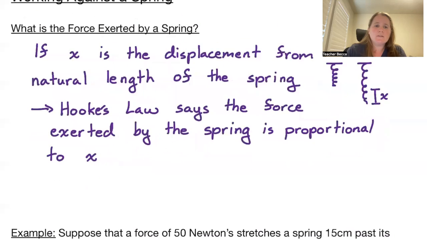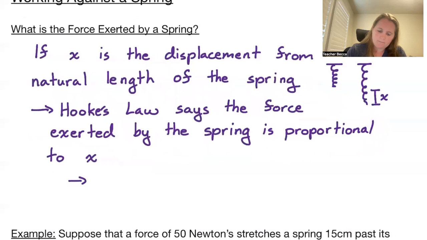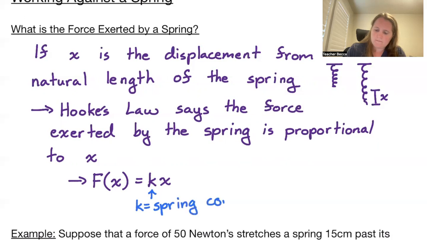So in other words, F of x is equal to kx, and k is referred to as the spring constant, and simply depends on the spring.